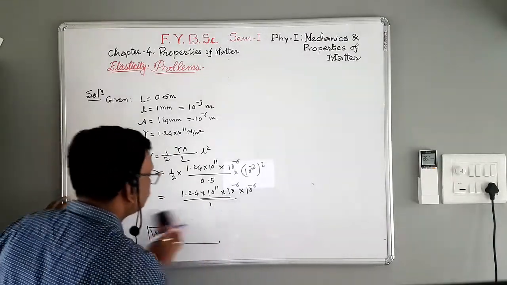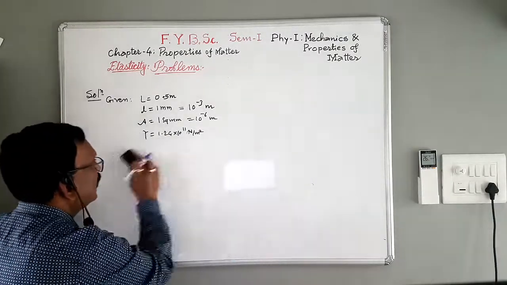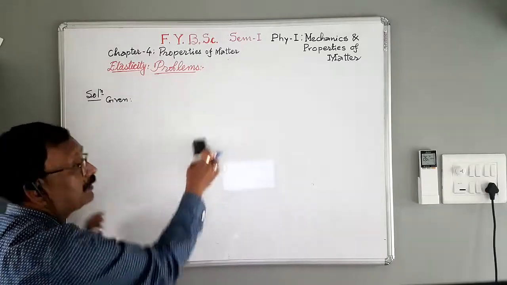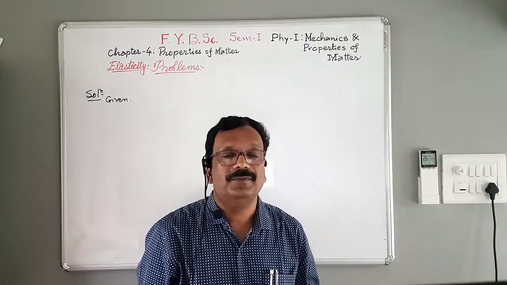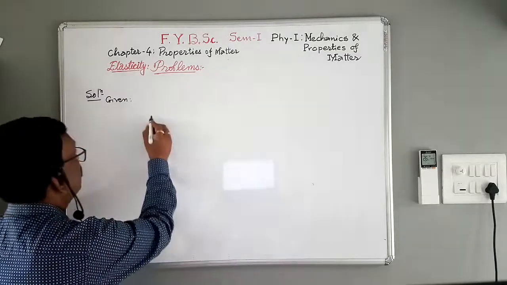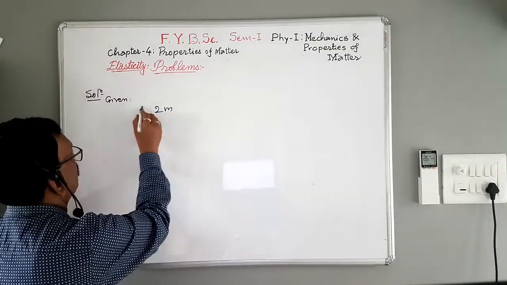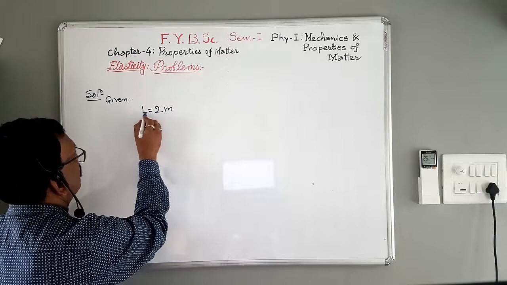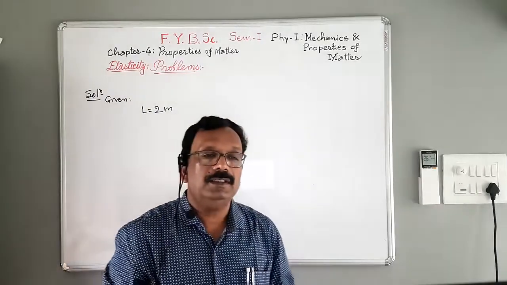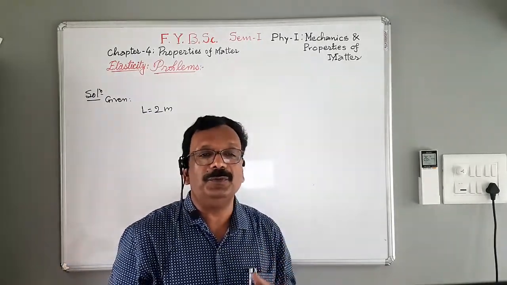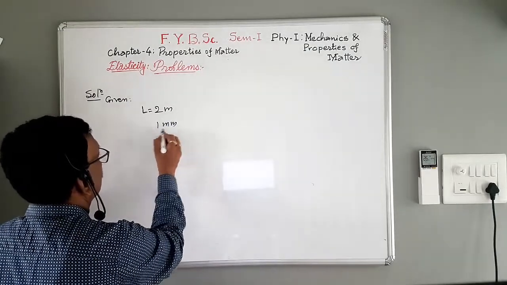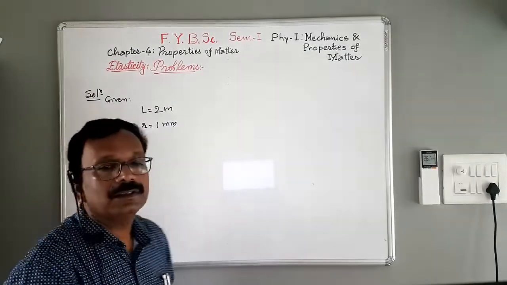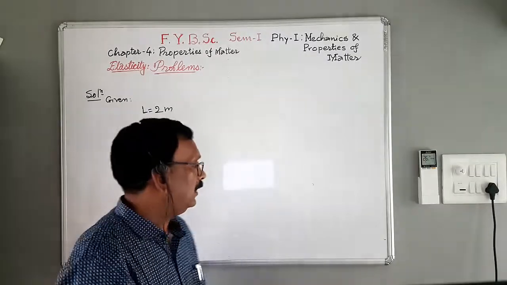Okay. Now, we are going to see the second problem. In the second problem, again a steel wire having length 2 meter. In the problem, there is a steel wire whose length is 2 meter and radius is 1 millimeter, and this wire is stretched.